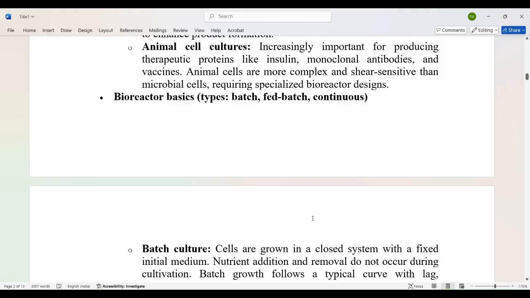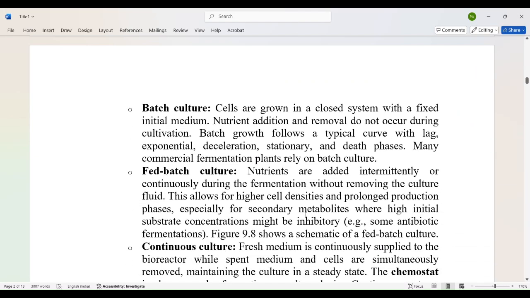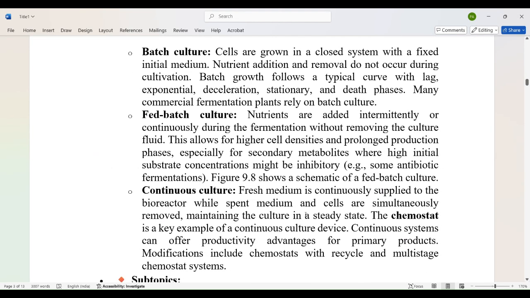Now, as I was telling you, there are three types of fermentation process. One is batch culture, another is fed batch, and the third is continuous. In a batch culture, cells are grown in a closed system with a fixed initial medium. So there is one bioreactor. You feed it with, for example, 100 liters of raw material, and you close the bioreactor.